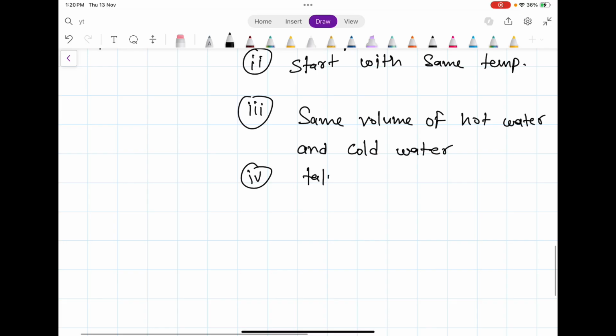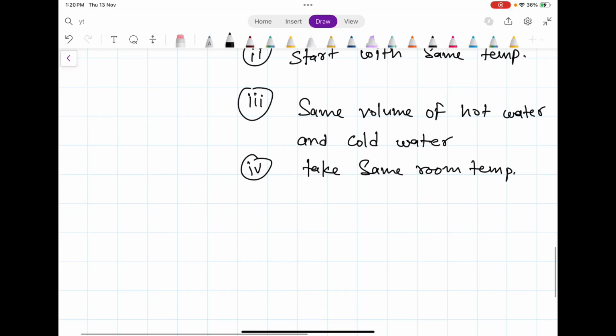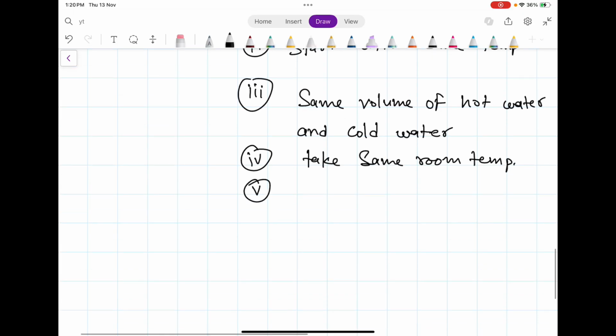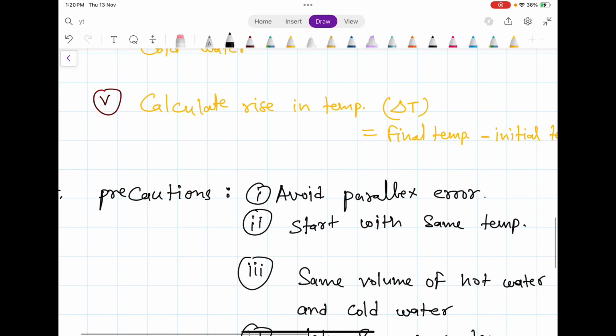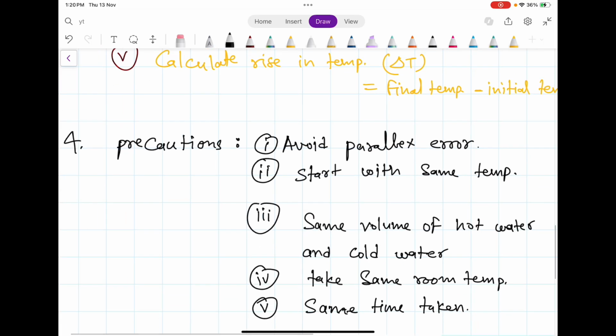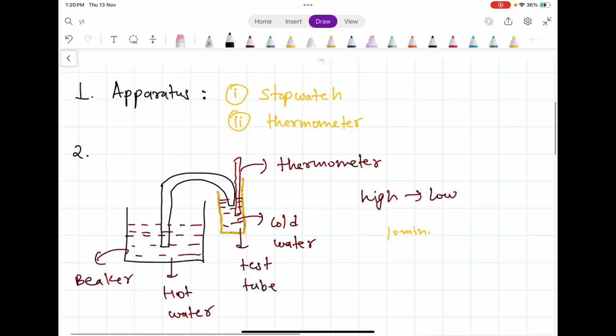Take same room temperature. Also, as I told you when I was drawing that diagram, you can take same time taken. Okay, these things we can write in precautions. I think precautions will be 2 marks for this experiment.